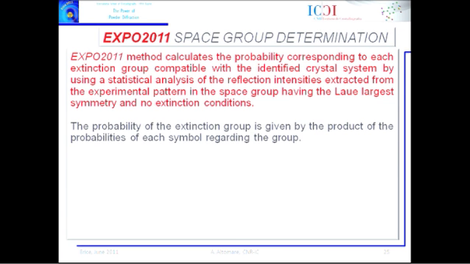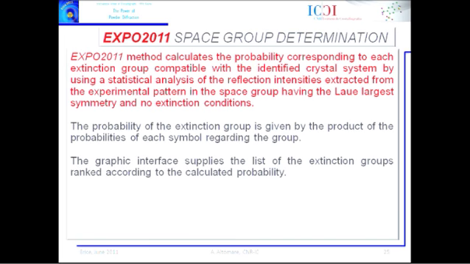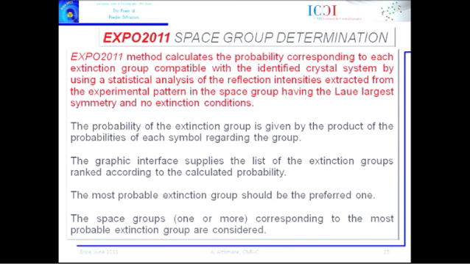So, the probability associated to each possible extinction group is obtained as the product of the probabilities corresponding to each symmetry element contained in the extinction group. The graphical interface provides the list of the possible extinction groups ranked according to their calculated probability values, and the extinction group corresponding to the largest probability value should be the best one. The space group, one or more than one, corresponding to the best extinction group is considered.